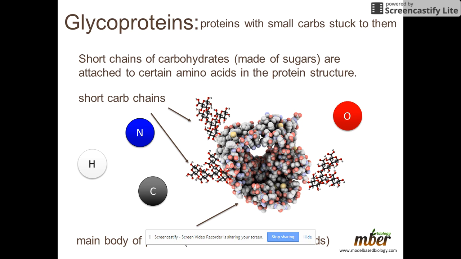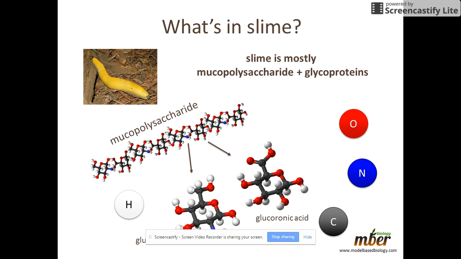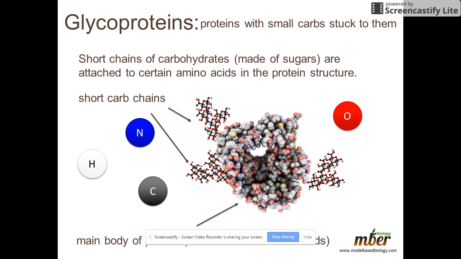Okay, so let's go a little bit deeper. Let's look at these. Actually, I'll go back really fast. The mucopolysaccharide, just as an FYI, is mostly sugar chains. And then these glycoproteins, they have these short carbon chains, and then you have your main body of protein here, and those are linked amino acids.